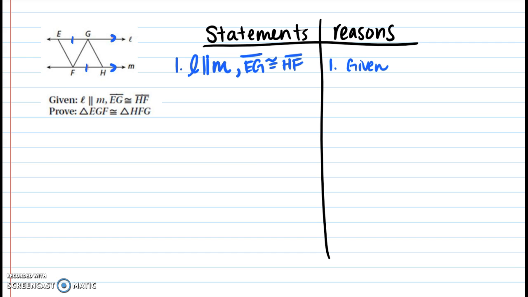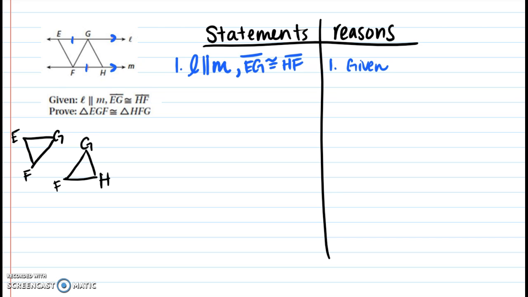All right. From here, sometimes I think that it is helpful to actually think about what I am trying to prove. In this case, I'm trying to prove that triangle EGF is congruent with triangle HFG, right?